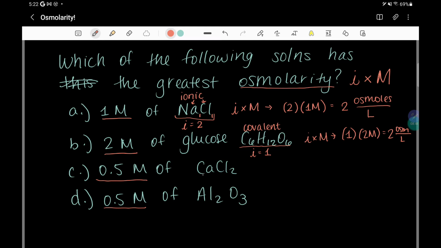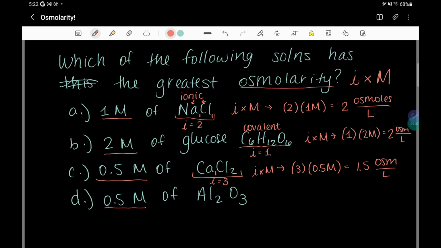Next one. Hopefully you guys are getting pretty good at this. We've got our molarity there. We need our value for i. We're going to add up our subscripts. 1 calcium, 2 chlorines. Our i value is 3. So we're going to take i times M. That's going to be 3 times 0.5 M, and that's going to give us 1.5 osmoles per liter.